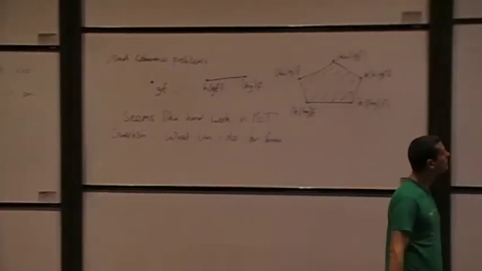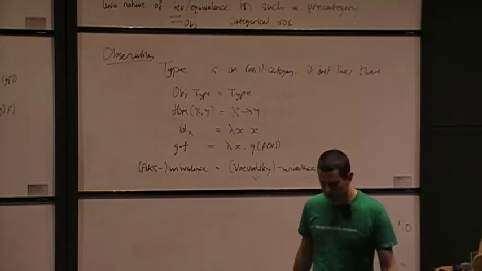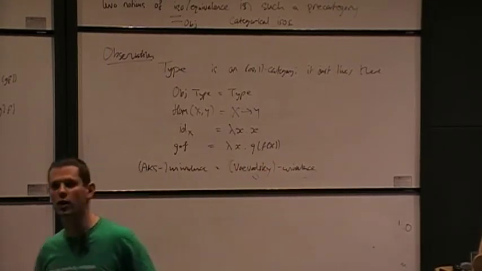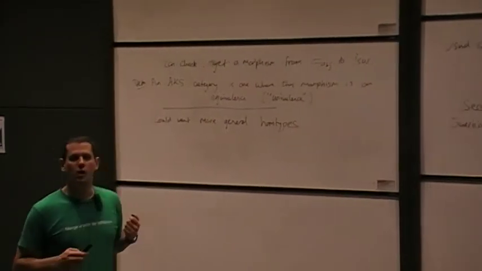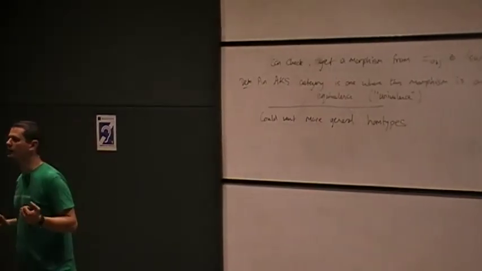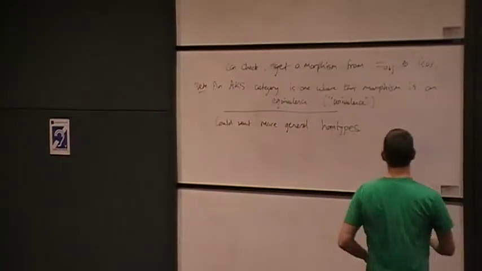So, this gave me an idea. Why don't I just spend some time ripping off the structure of type as much as possible? So I'm going to define some infinity 1 categories, and all the hard work is going to be done by type.